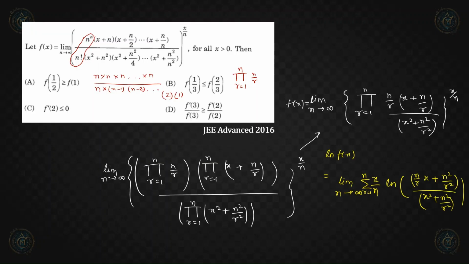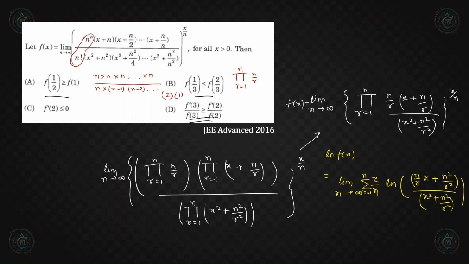So let us check the options here. In the options, we are to check whether this holds true, this holds true, or this holds true. Or we can say we have to check the sign of f dash 2 and check whether this f function is increasing in this range, 1 to half or 1 by 3 to 2 by 3.